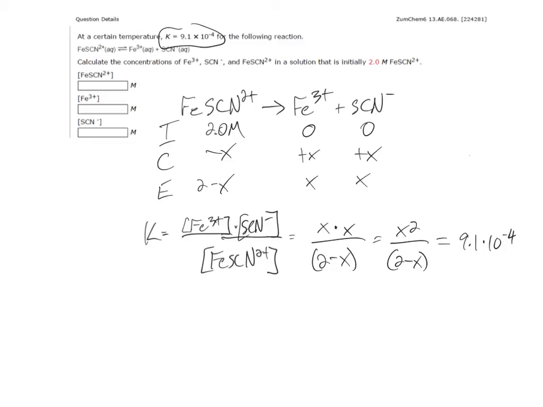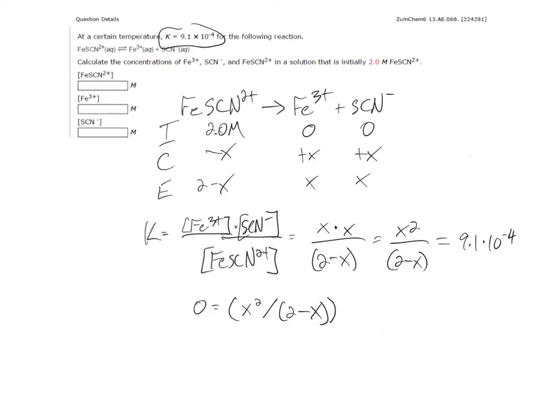So, in the graphing calculator, when you're trying to enter an equation for solving, it requires you to type it in the format 0 equals something. In this case, we have x squared all over the quantity 2 minus x.